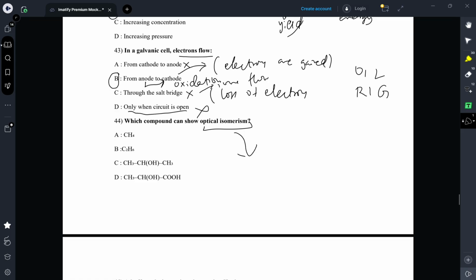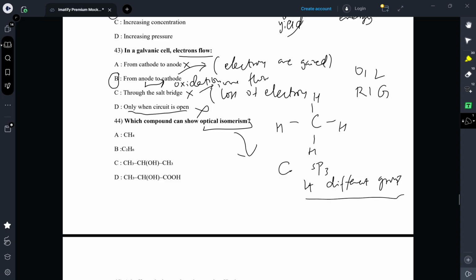Which compound can show optical isomerism? So to show optical isomerism, carbon should be sp3 hybridized, and it should be connected to four different groups. First of all is methane, CH4. Yes, it is sp3 hybridized, but it is not fulfilling the second condition.